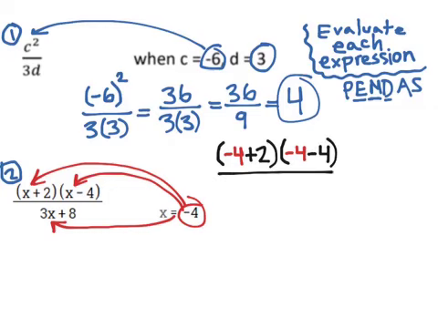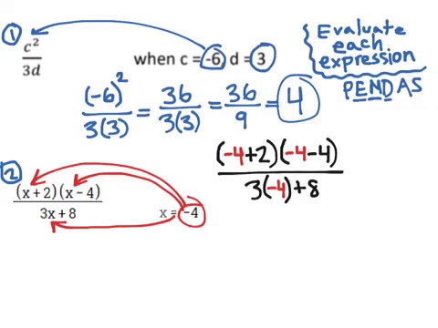And then that's all divided by 3 times, because that x is written right next to the 3, so that means multiplication, times -4 plus 8. So I wrote the negative 4's in red because that's where the x's used to be, and this problem asked us to put in negative 4 for x in order to evaluate it for negative 4.